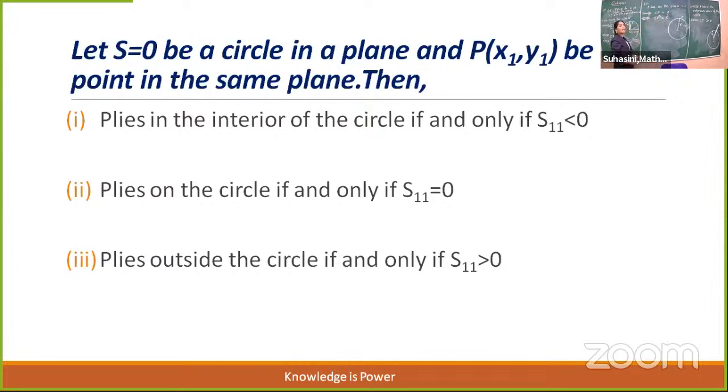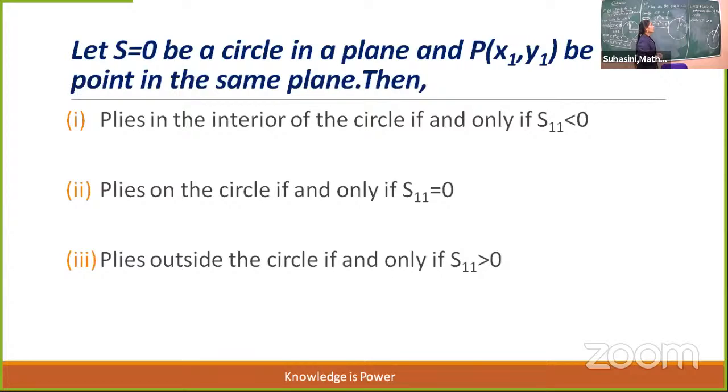Bringing R square to the left-hand side, CP square minus R square is equal to 0. It is the required condition for the point P to lie on the circle. If the point lies on the circle, CP square minus R square is equal to 0, and vice versa.